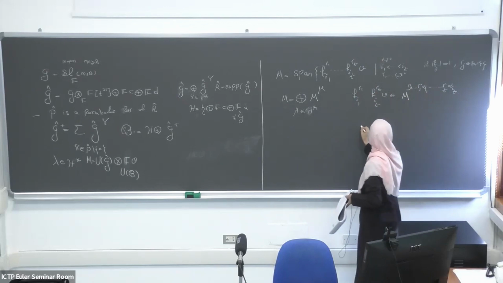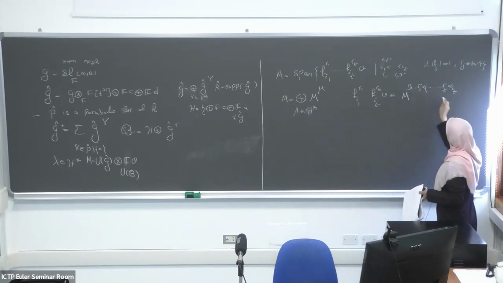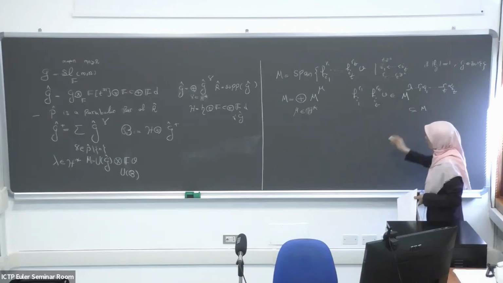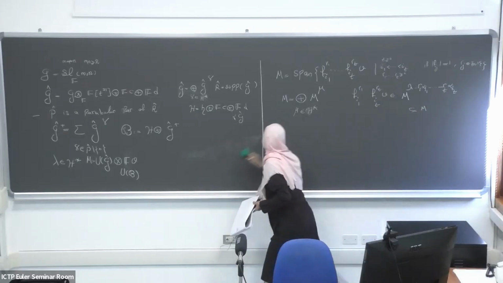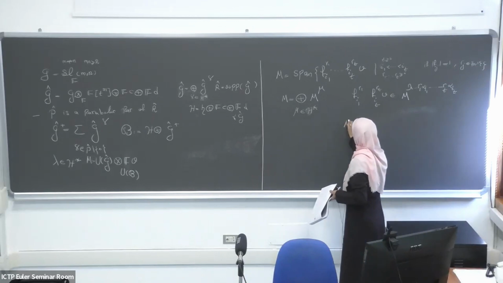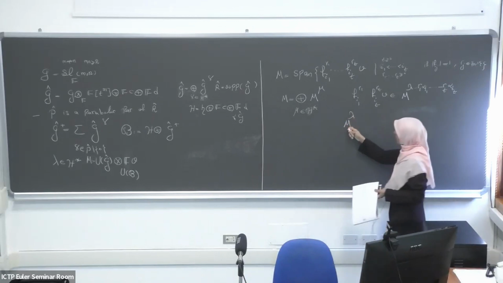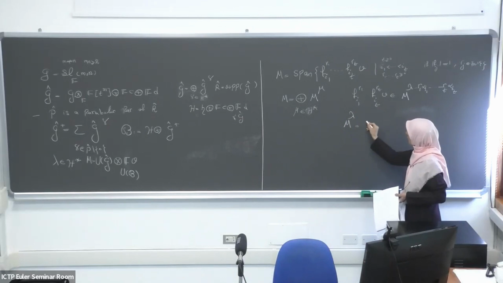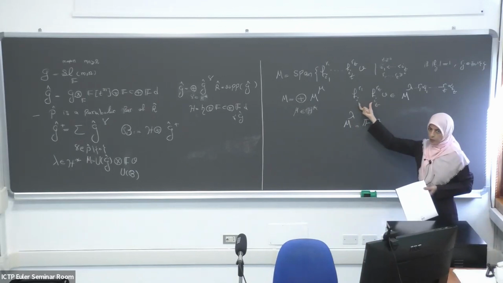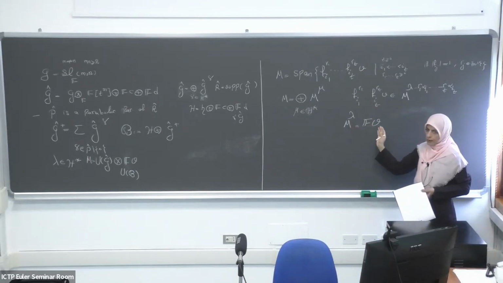Especially if we look at this, it is a subset of M. Yeah, it is. Okay, and if we want to form M lambda, it is exactly FB, right? Because we don't have this part. So M lambda is just FB, right?